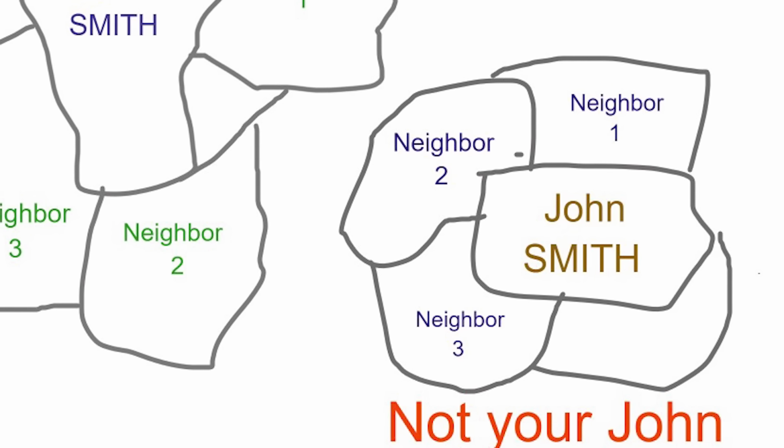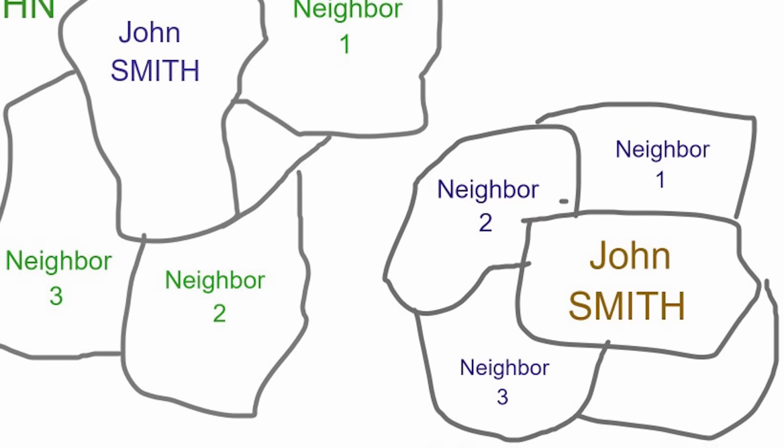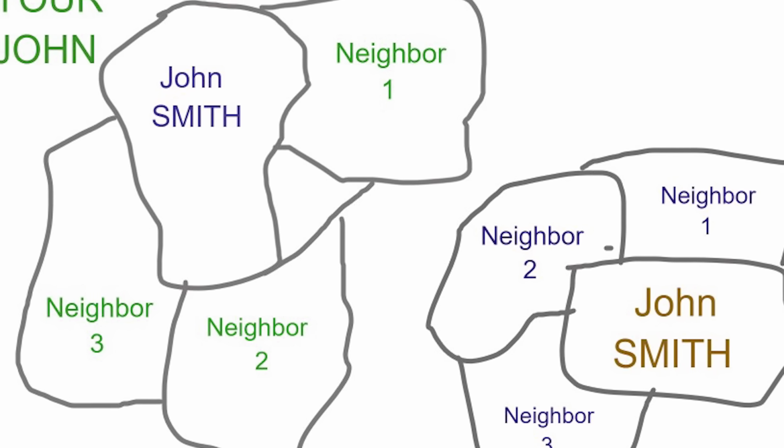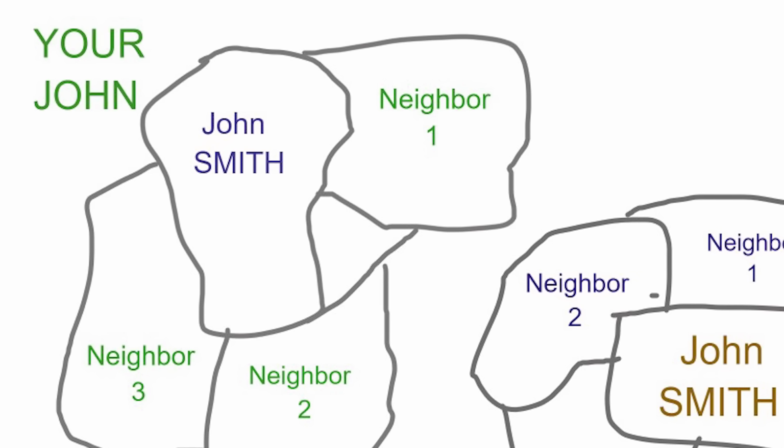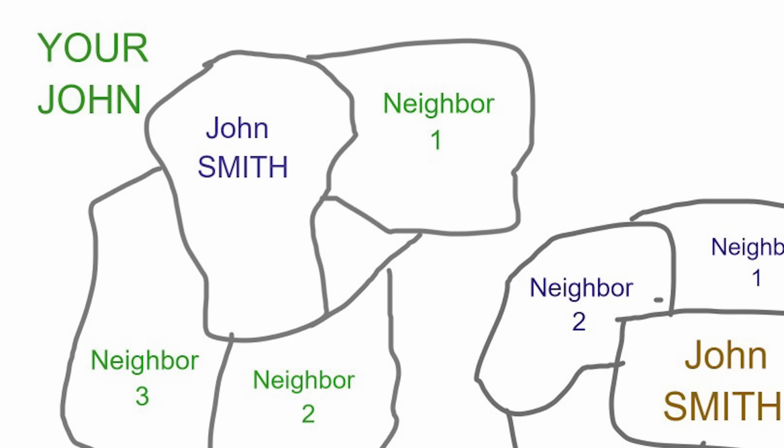A non-relative may be neighbors on land records that help you know that you're researching your John Smith, not my John Smith. In other words, there are individuals who give you the context clues you need to separate individuals with the same name so that you can line up the right people.